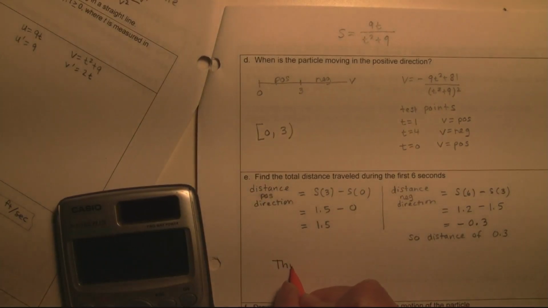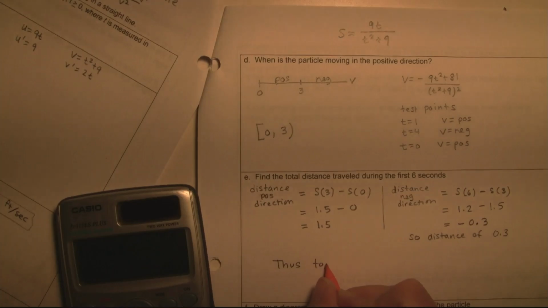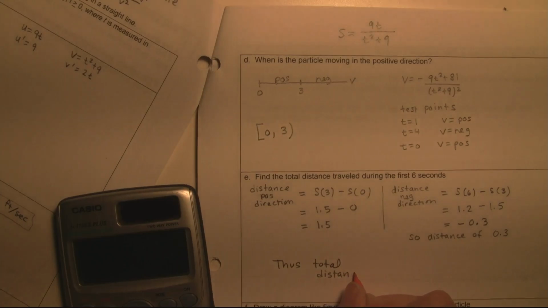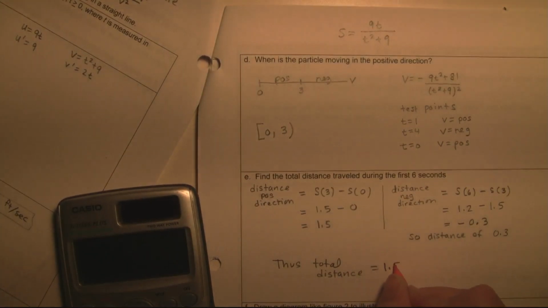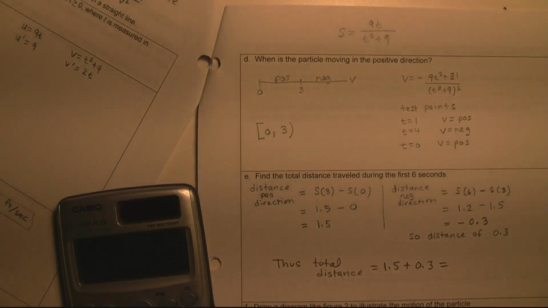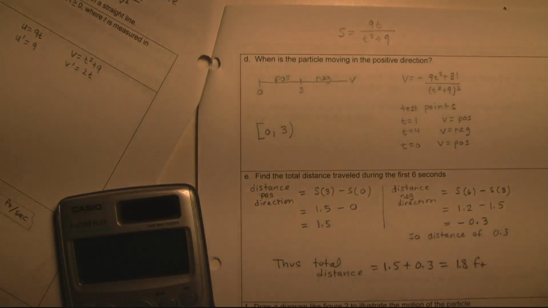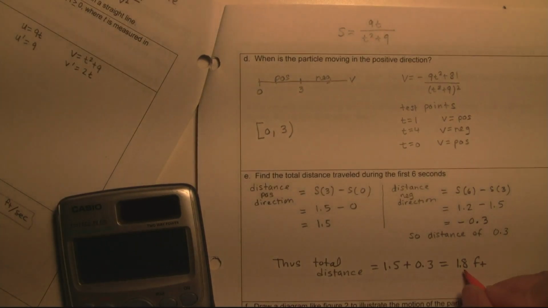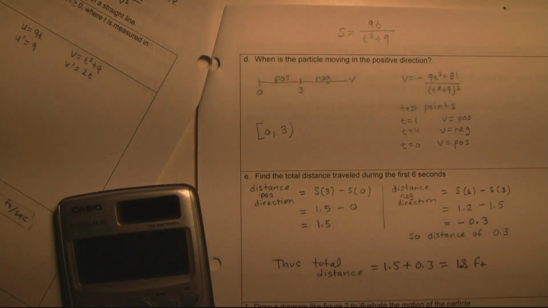Thus, in total, is 1.5 plus 0.3, which is 1.8 feet. Does that seem sort of okay? Looks like an 18. I'll make my decimal point a little happier. And so 1.8 feet. Okay, so now they want us to draw one of those diagrams.